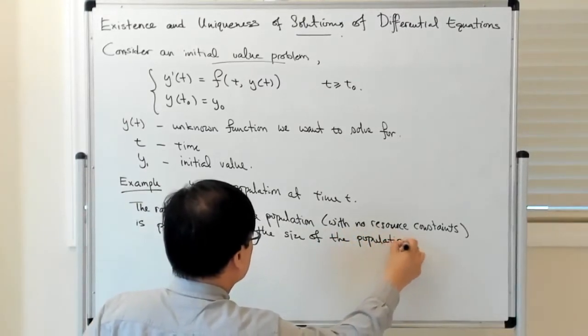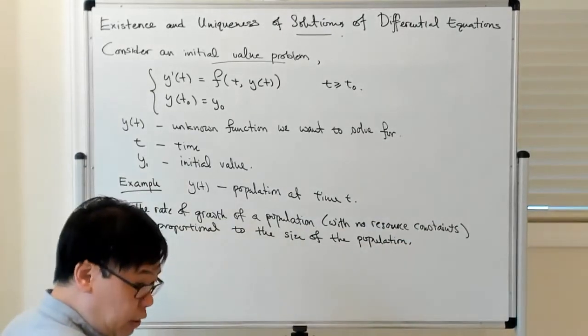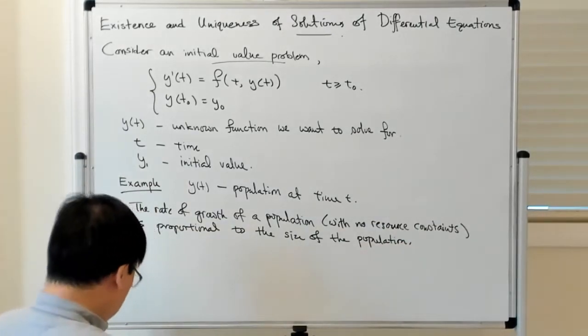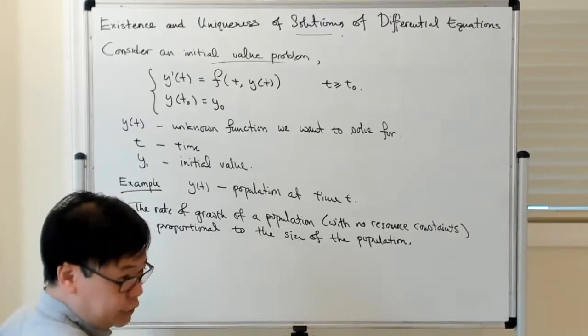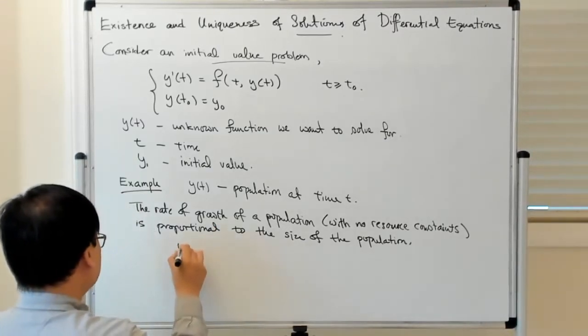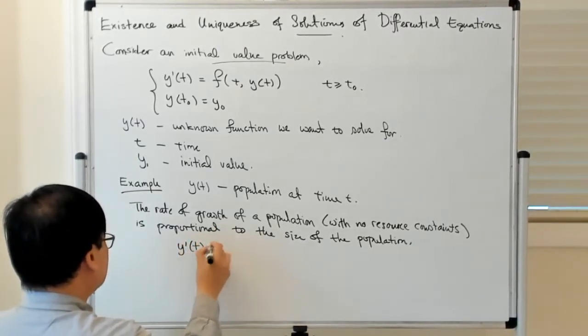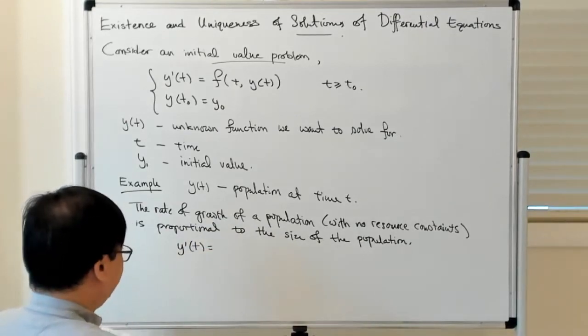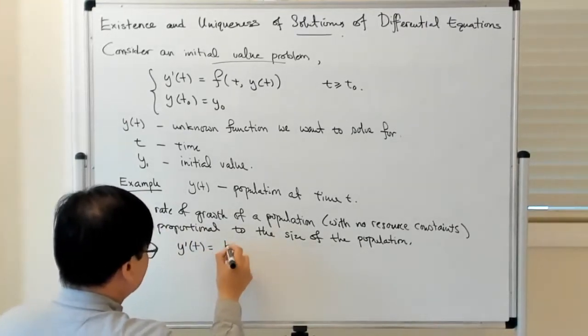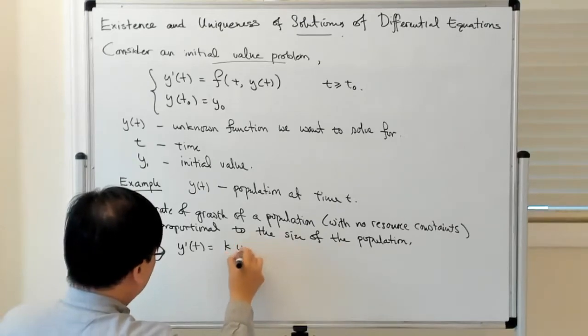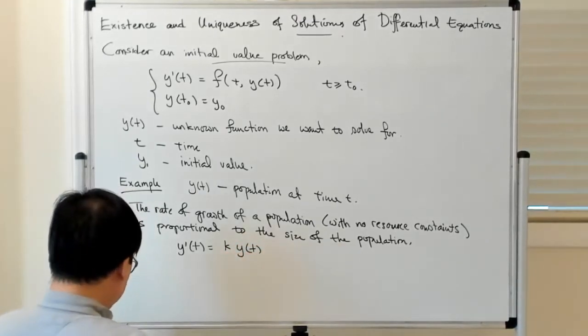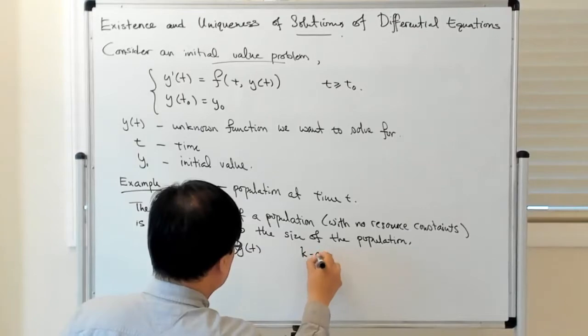We can encode such a relationship by saying that the time rate of change of the population, y prime of t, is equal to some multiplicative factor k times the population at that time. So y prime of t is equal to k y of t, where k is some constant.